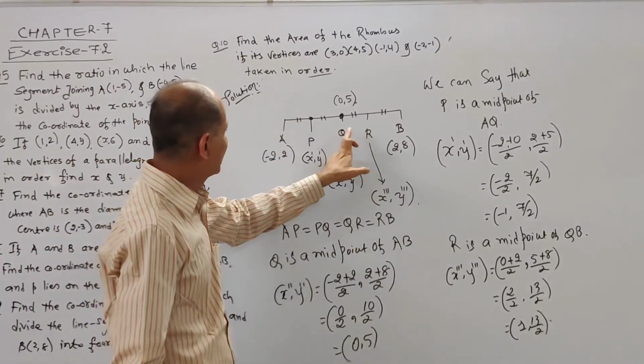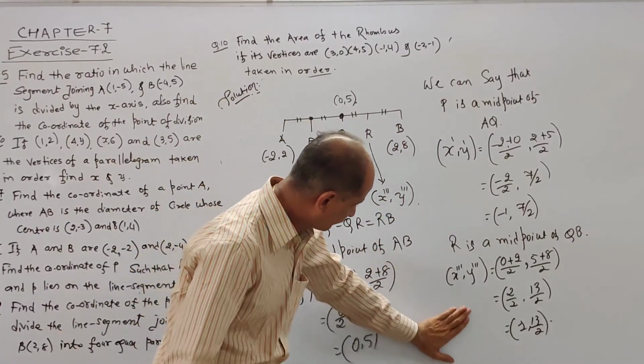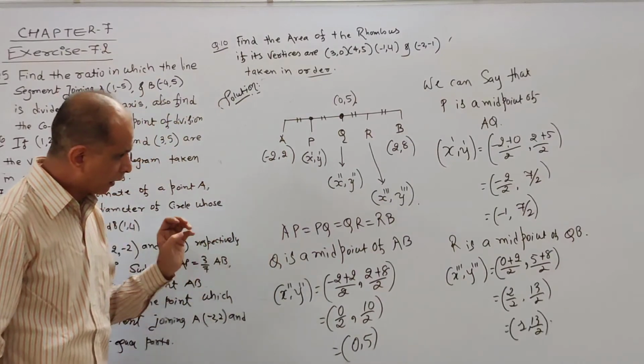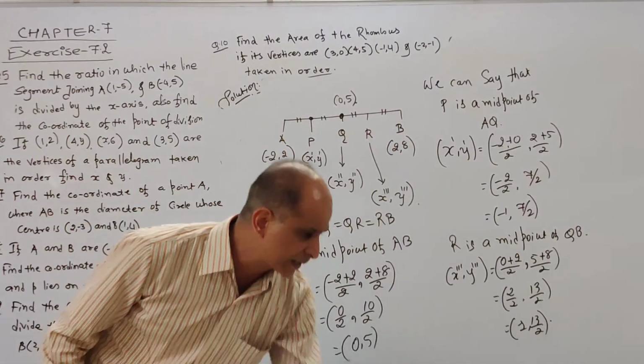Similarly, R is a midpoint of QB, and by using the midpoint formula, we can also find out the value of R, that is x triple dash y triple dash.